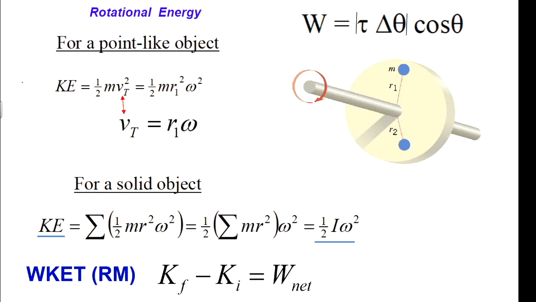Speed of what? Well, it doesn't matter. Since it's translational motion, every single point has exactly the same speed, so we usually use the speed of the center of mass. But when an object spins, speed is different everywhere.